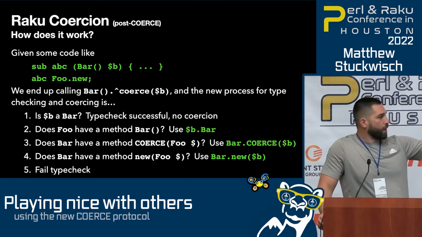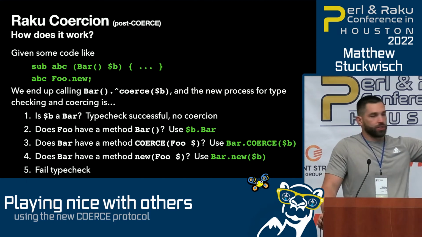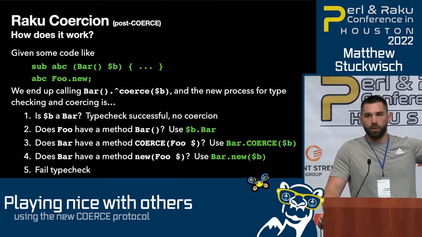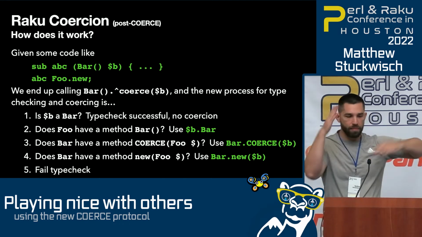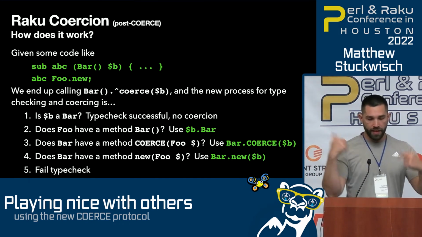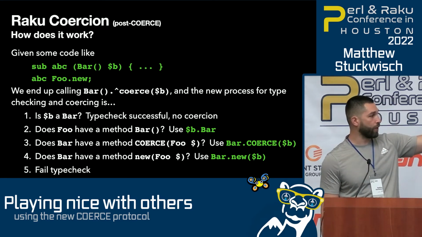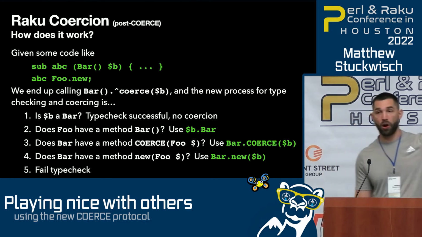All right. So I kind of lie with this one, because again, if the initial exact type check succeeds, it won't even bother calling it. But I think mentally it's kind of good to think of that as the process. Then the next question it'll ask is, hey, does foo, because I called foo in here, have a method bar?